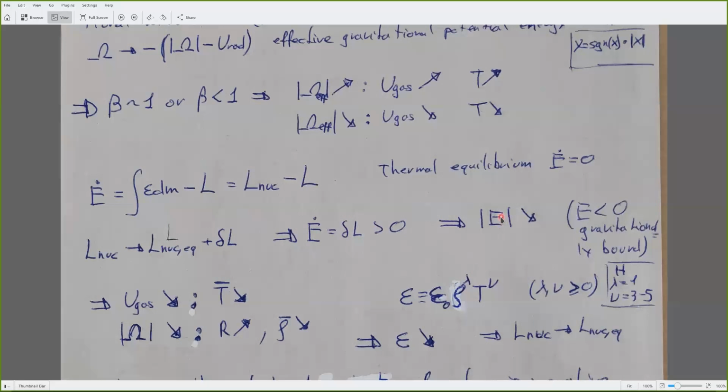But this means that its absolute value will decrease because, as I said before, the energy of the star has to be negative, otherwise it will not be gravitationally bound. It makes sense. Otherwise, the internal energy would be greater than the gravitational binding, and the gas will disperse.